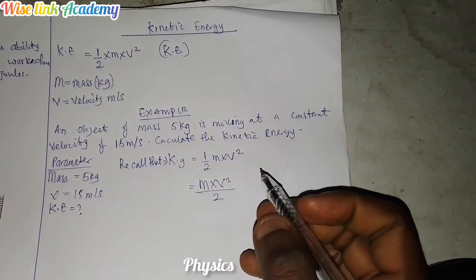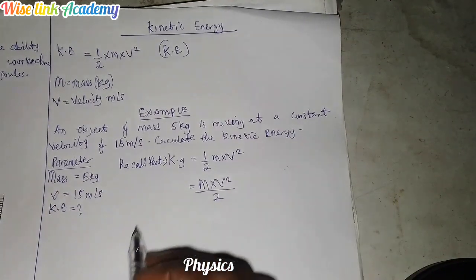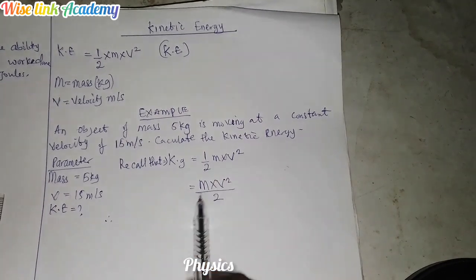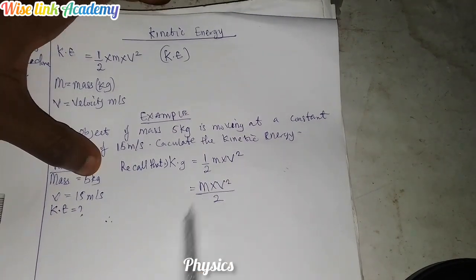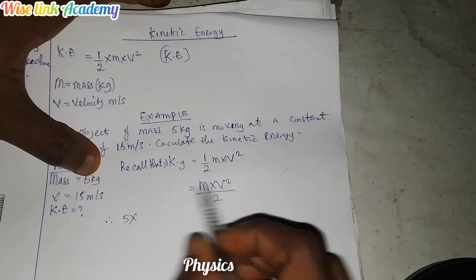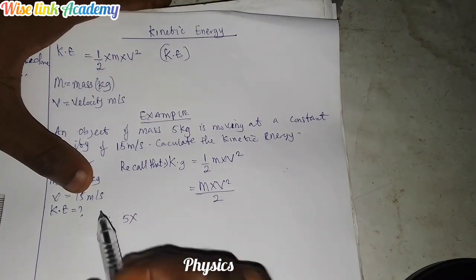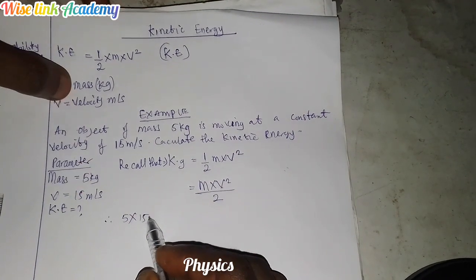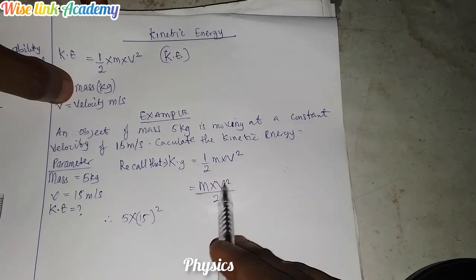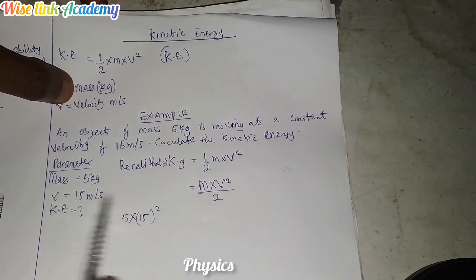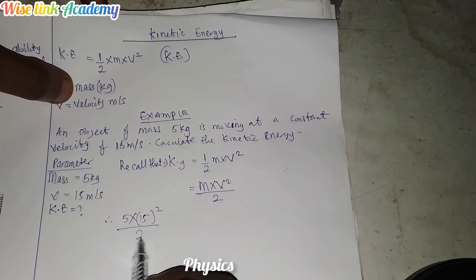It's still the same thing. You get that now? So our mass is 5, 5 times velocity is 15, so 15 square, velocity square, over 2.